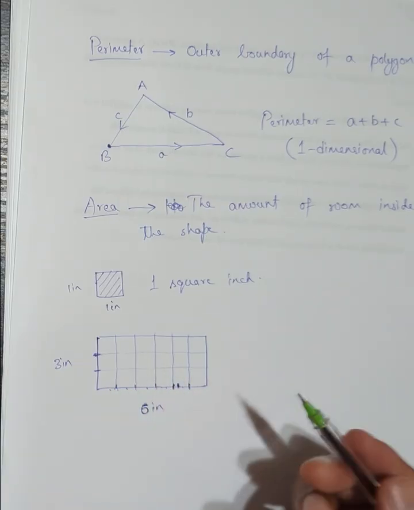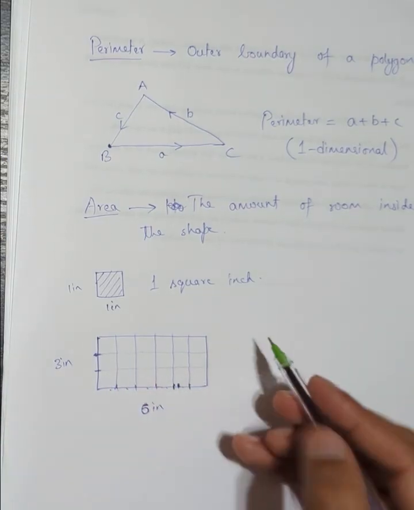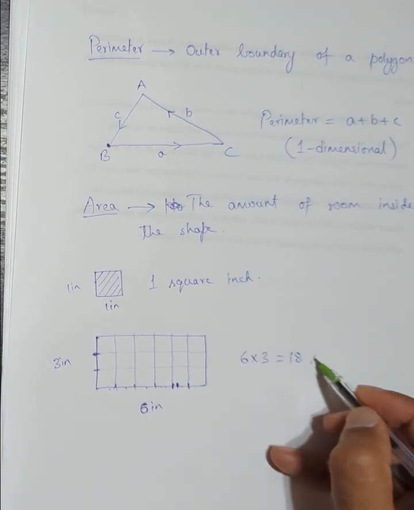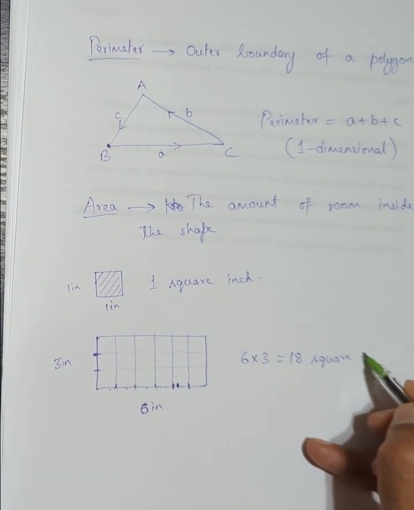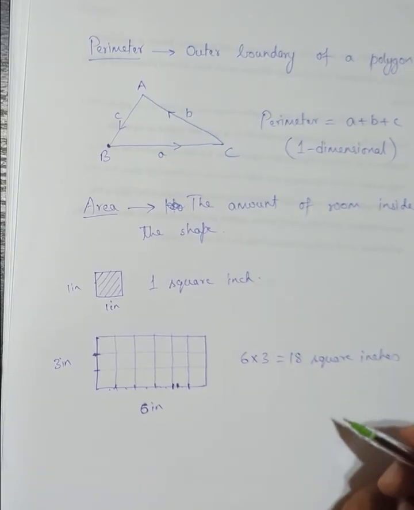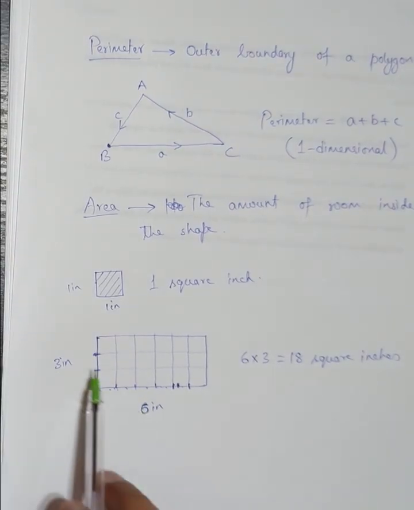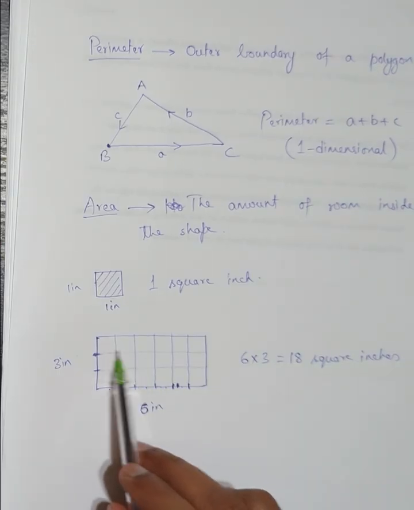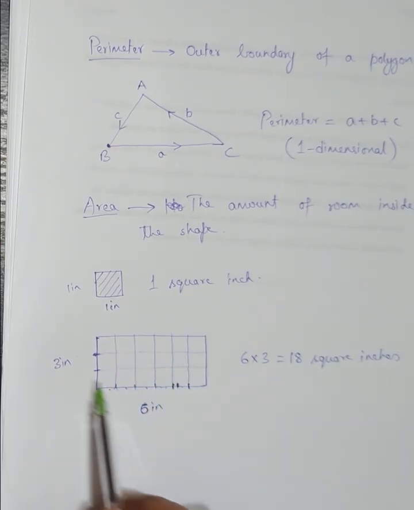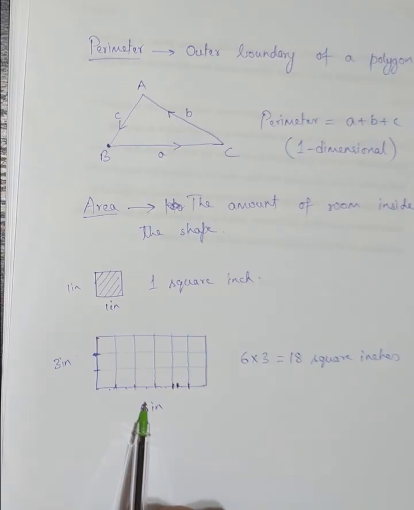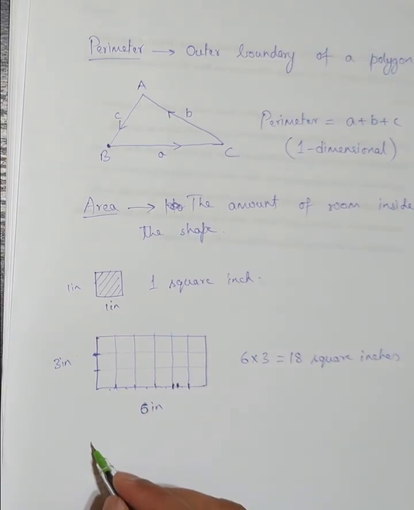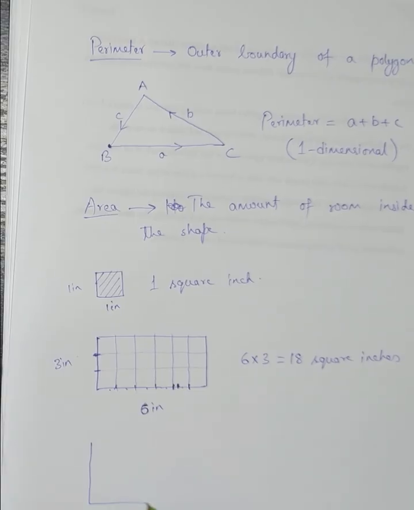So you're getting 6 times 3 equal to 18 square inches. And so you're multiplying. Now notice, without drawing all of this, I could have simply multiplied these two dimensions. And then we can develop a formula for area of a rectangle.